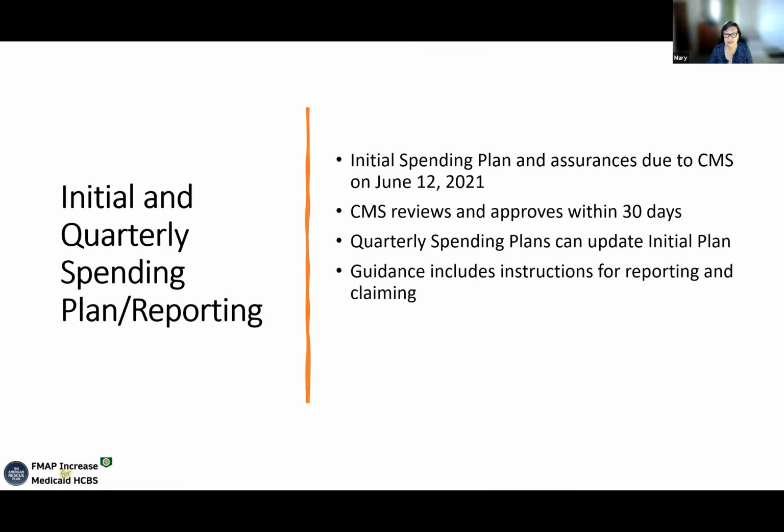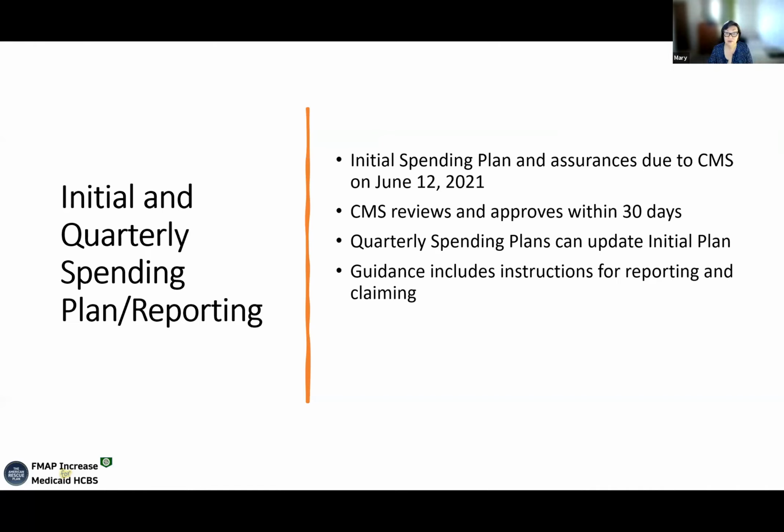So for DDD, that means we would want to get it to MedQuest a number of days earlier. There is some chance that CMS may change that date, but we have not heard yet. So that's the date that we're really shooting for, to have our plan ready. Again, really fast turnaround for us.